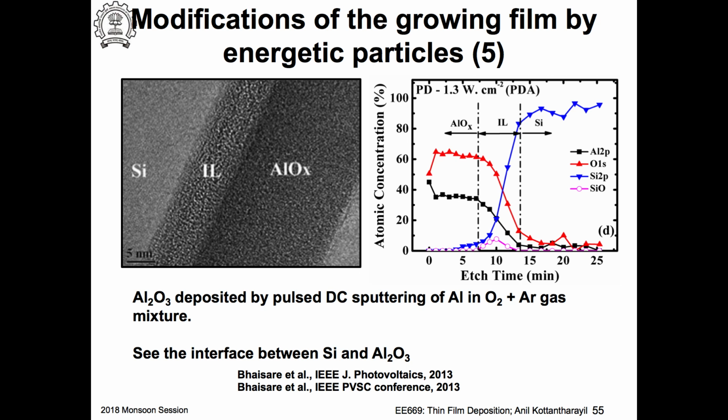So this is what is shown here, etch time as a function of the time that you are sputtering and analyzing. So you can actually go deeper into the material, right? And we are not actually writing this as the depth. Why?